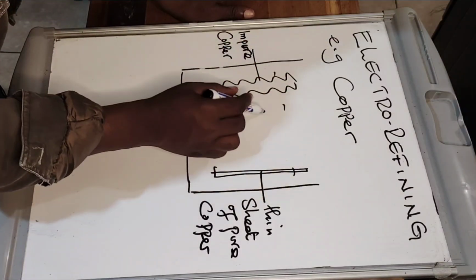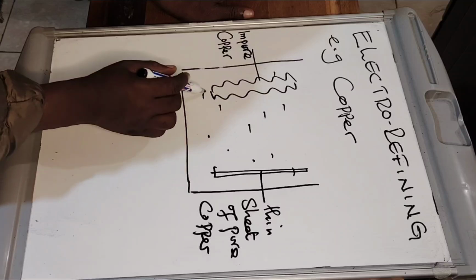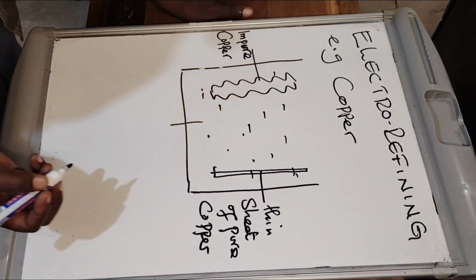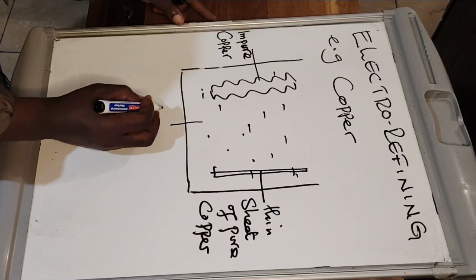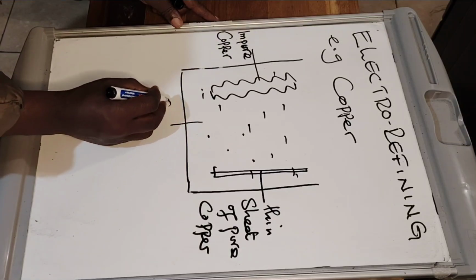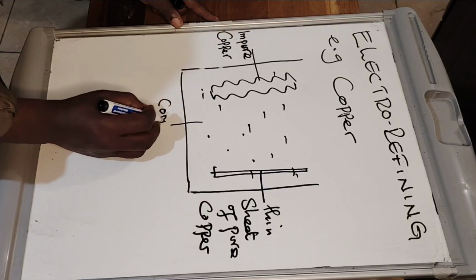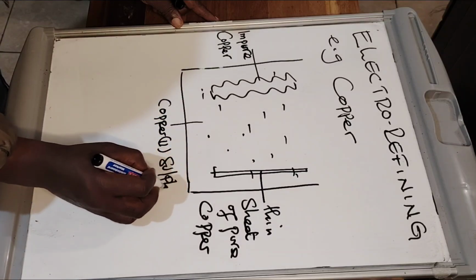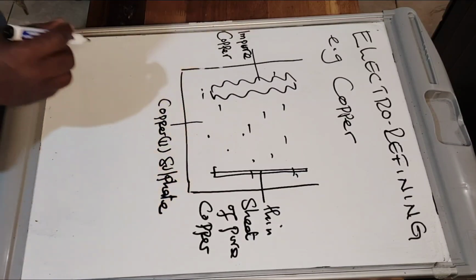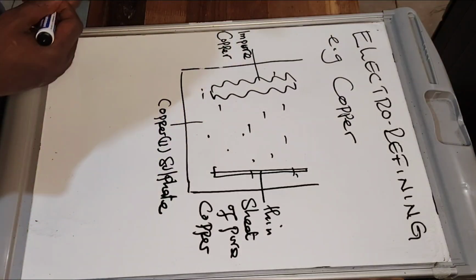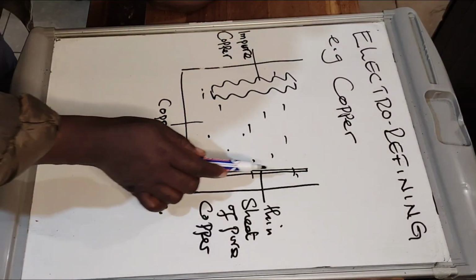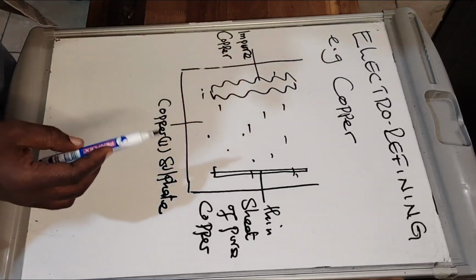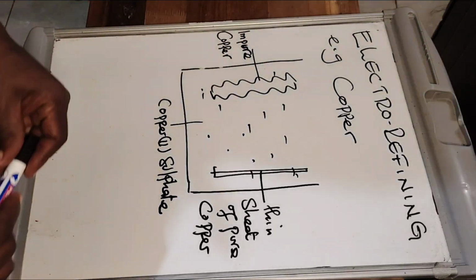Now, if you are going to purify copper, one of the fundamental principles is that this solution must be a soluble copper salt, preferably copper(II) sulfate. Okay, what else do we have to remember? We have to remember that this one has to be pure copper. This is impure copper. Now, what is missing is the polarity.